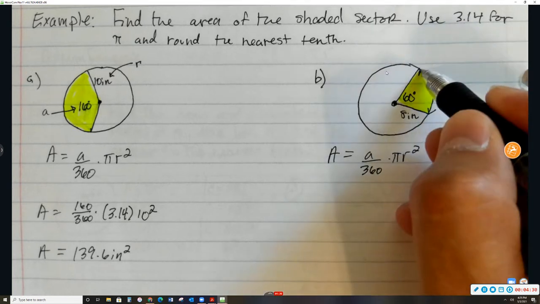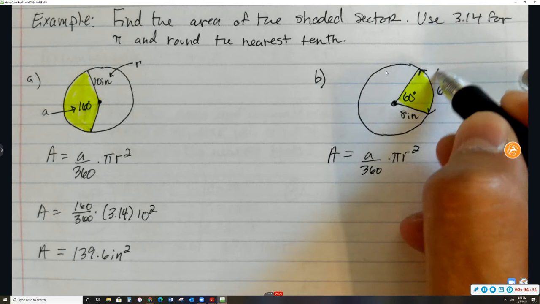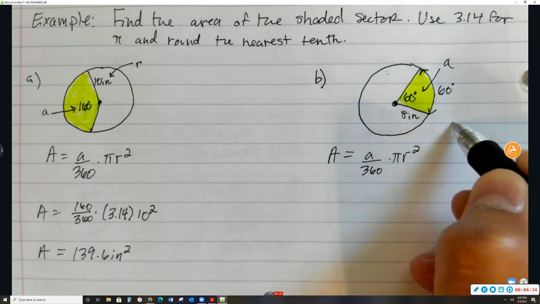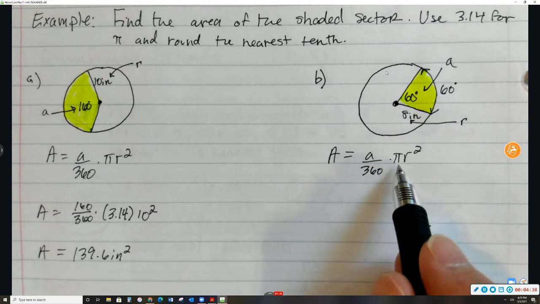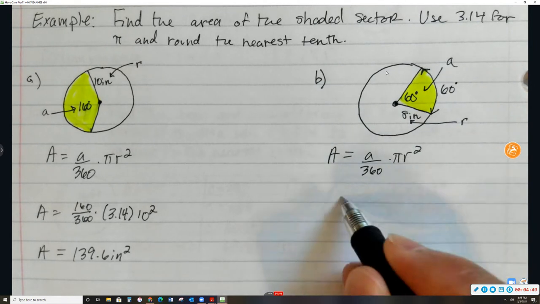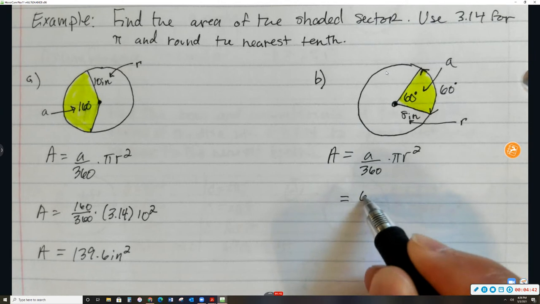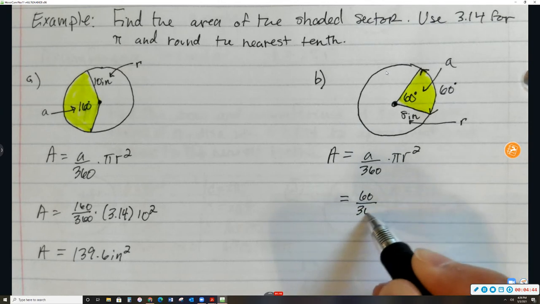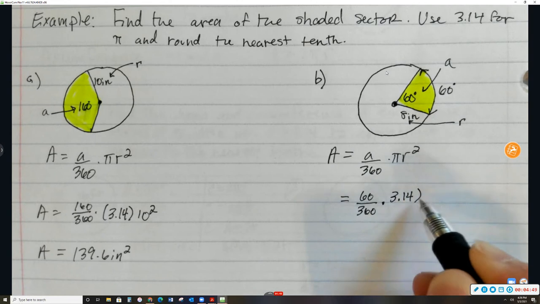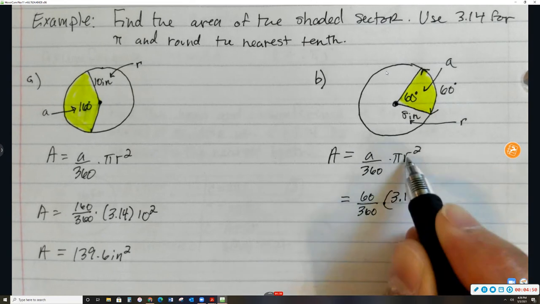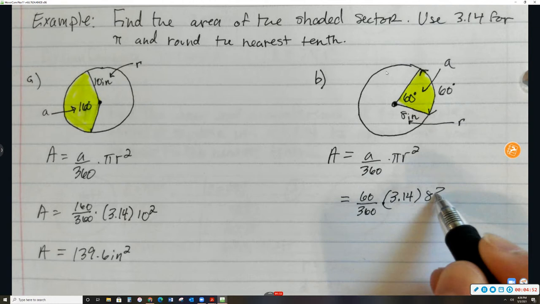So this is A, and this guy right here is our radius, and I'm going to use 3.14 for pi. So it's 60 divided by 360 times 3.14, again in parentheses, and then the r is 8 squared.